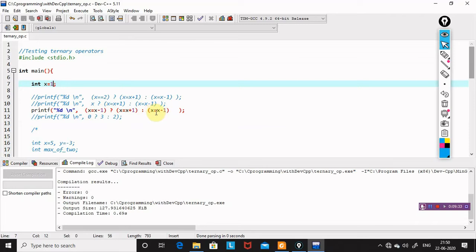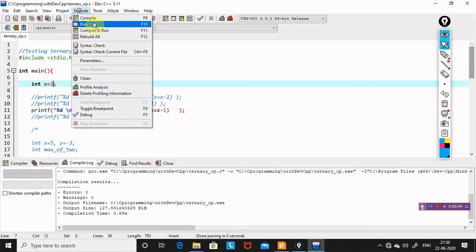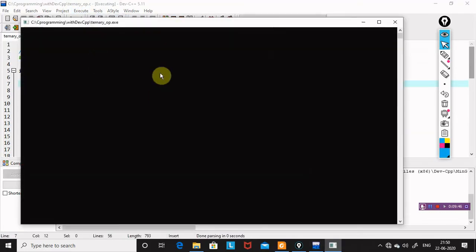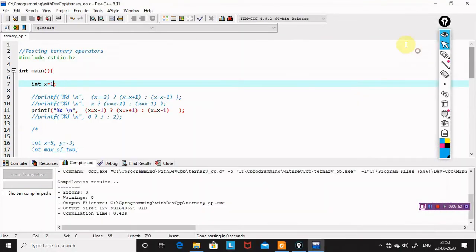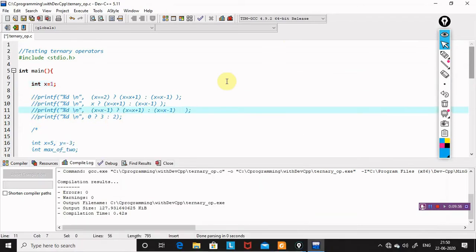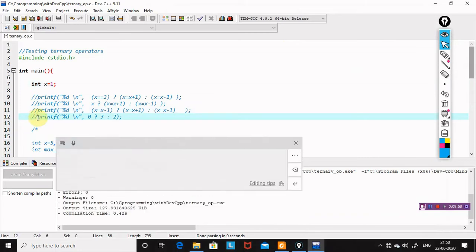So this new value of x, which is minus 1, is returned as the value of the whole ternary expression and printed over here. So let's check it again. We compile and execute it. Yeah, it's minus 1, just as we expected. So far so good. Now we take up the last example.